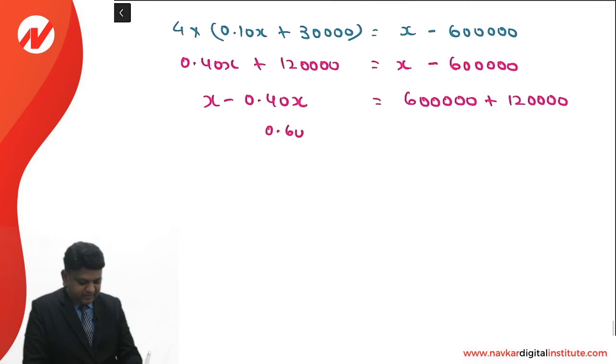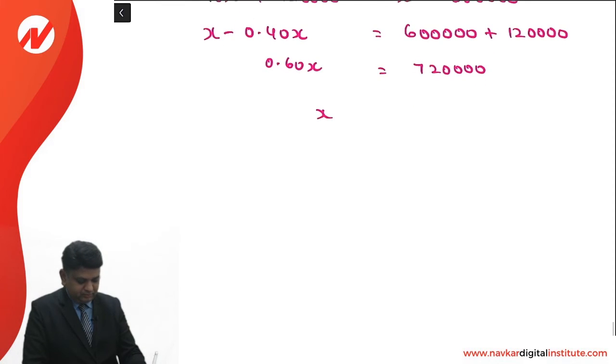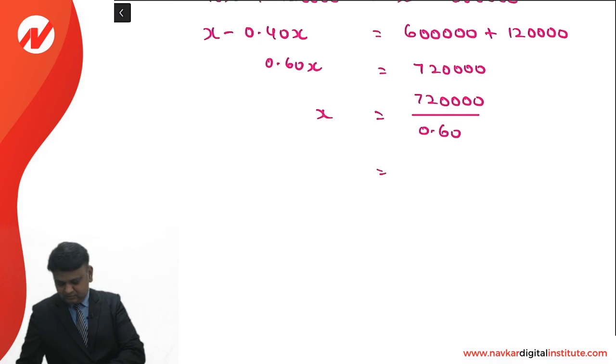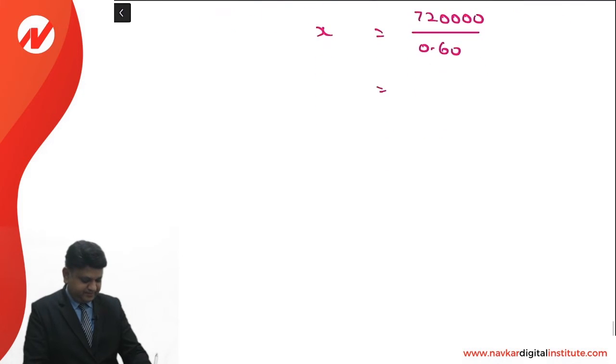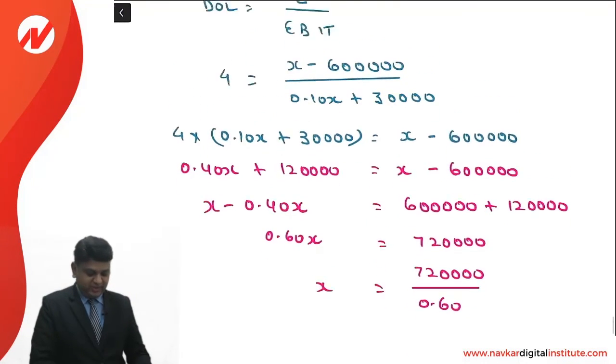Difference between both of them is 0.6x is equal to 7,20,000. So x is equal to 7,20,000 divided by 0.6. That comes to rupees 12 lakhs. This is the way we make the computation of the sales value.